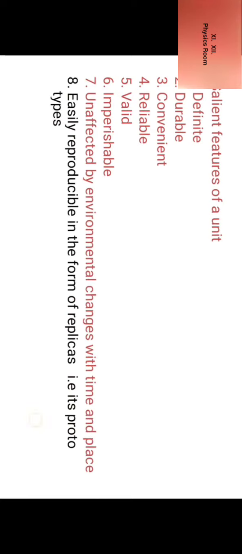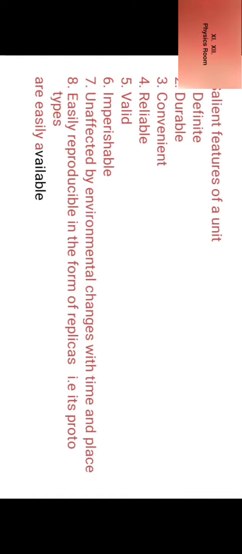It should be reliable. It should be valid. It should be imperishable, and it should be unaffected by environmental changes with time and place. It should be easily reproducible in the form of replicas, that is, its prototypes are easily available.